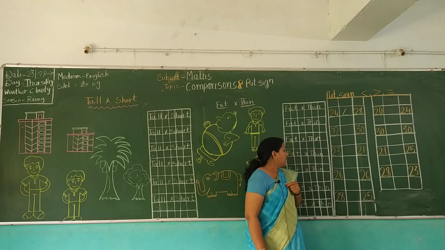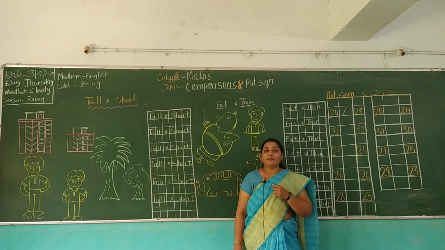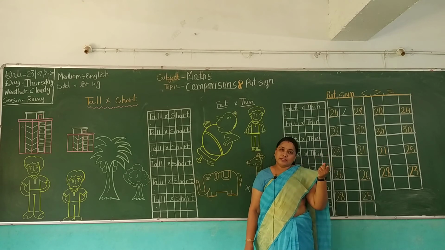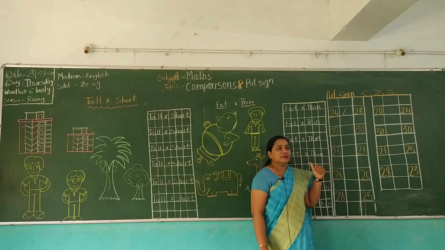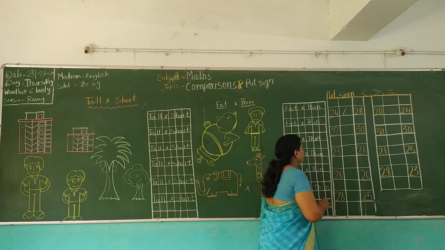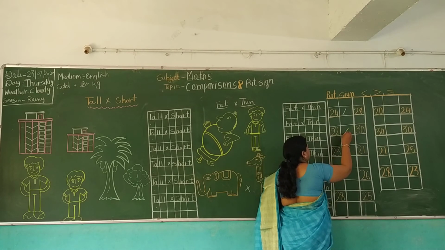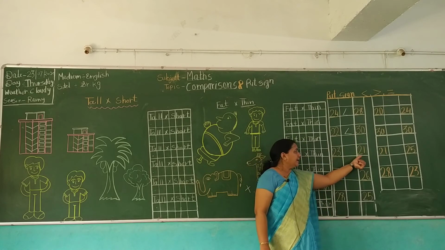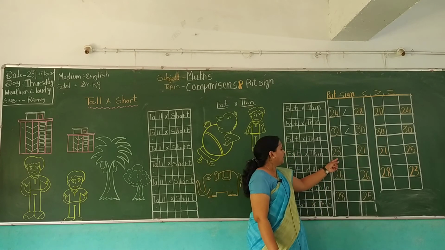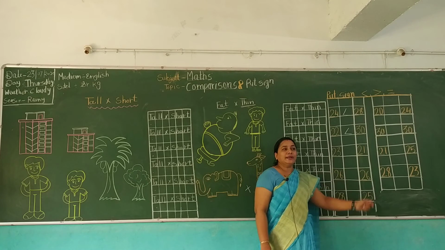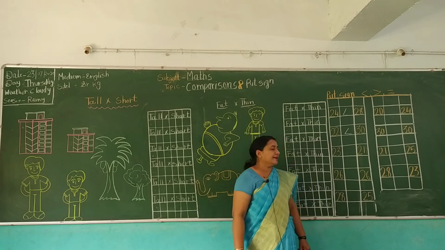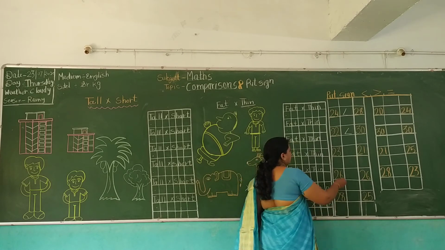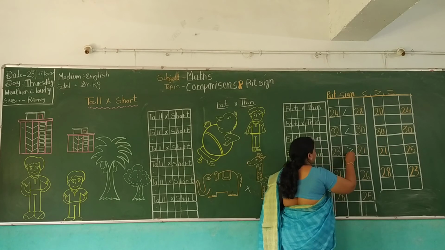Which number is bigger? 30 is bigger and 22 is less than, I mean small number. So again we put the sign. Then children, 23 and 21. Which number is greater? 23. So we put the sign greater than.